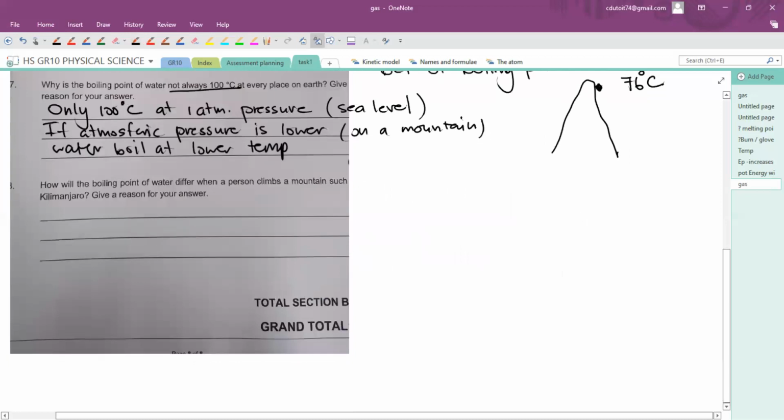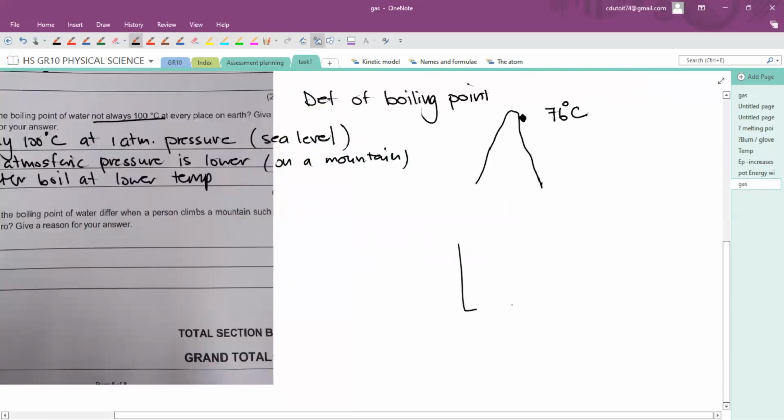So let me explain it this way. There's your beaker with water in it. I'm going to make it blue. The water molecules want to come out of the beaker, but there's something pushing them down. There's a force on top of the surface of the water pushing the molecules down, and that's called atmospheric pressure.